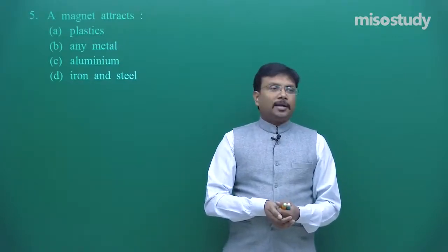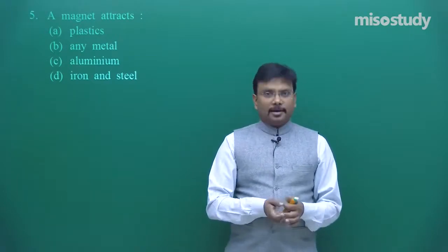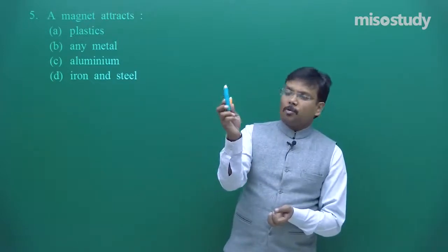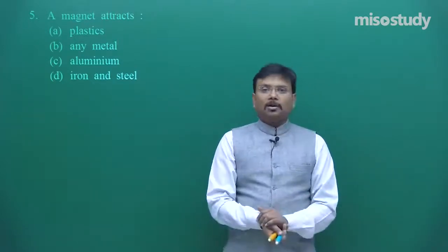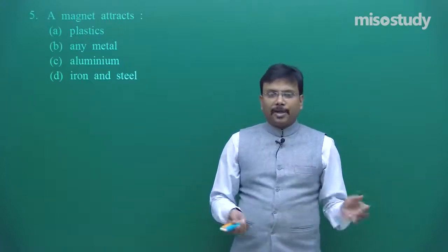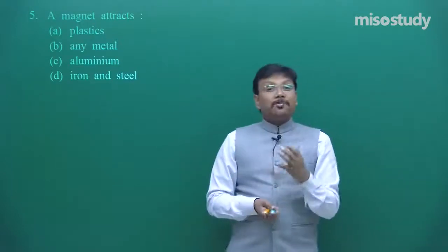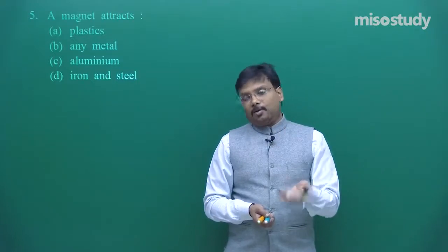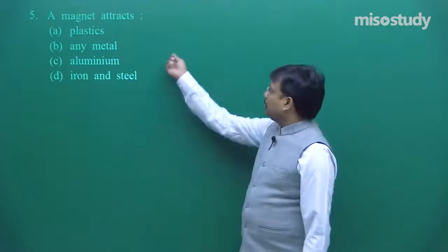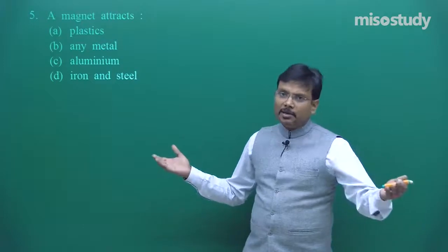Then take some paper pins, iron nails, plastic objects, chalks, a plastic holder, cotton cloths, copper wire, and try it yourself. This question is based on an experimental aspect. You can classify which are attracted and which are not.